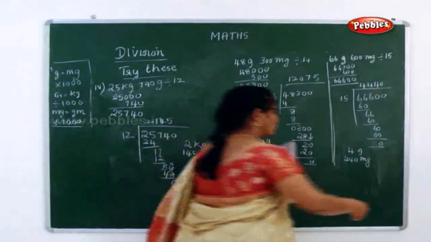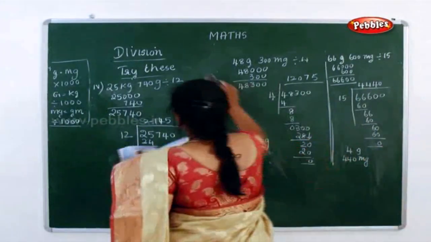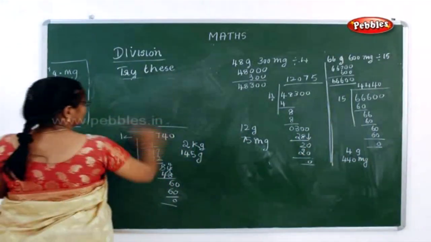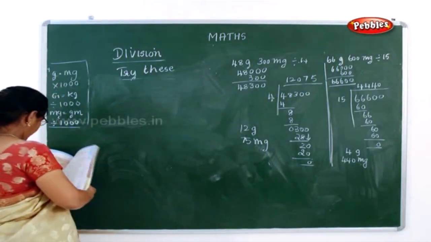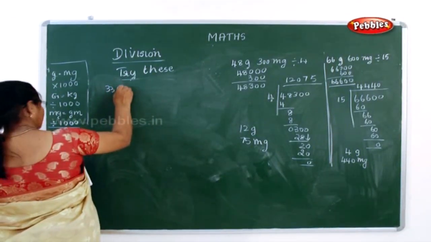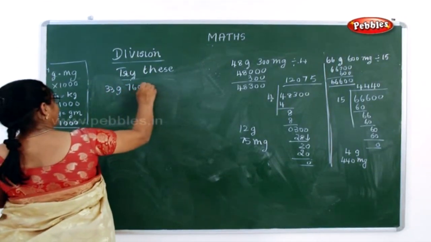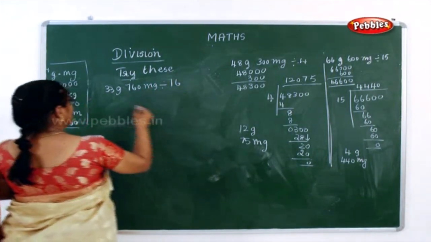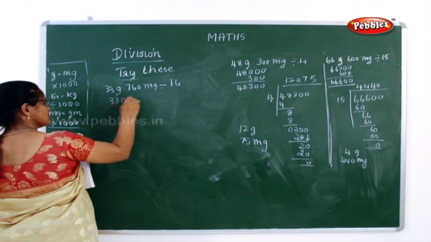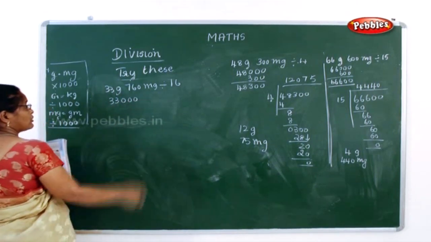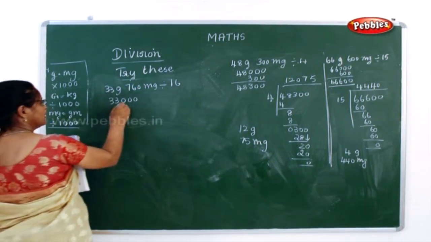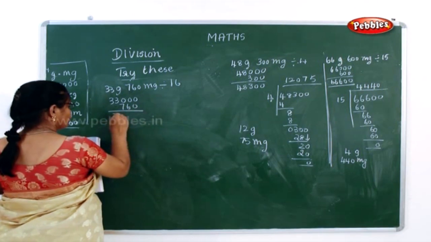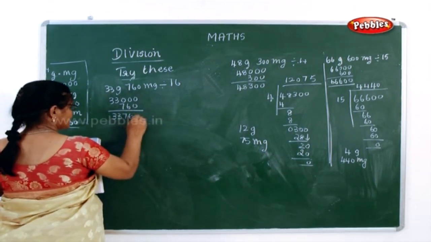Now next sum, what is given is 33 gram, 760 mg divided by 16. Now 33,000 because you are converting, multiplying with 1000. 760 you add. So you get 33760.